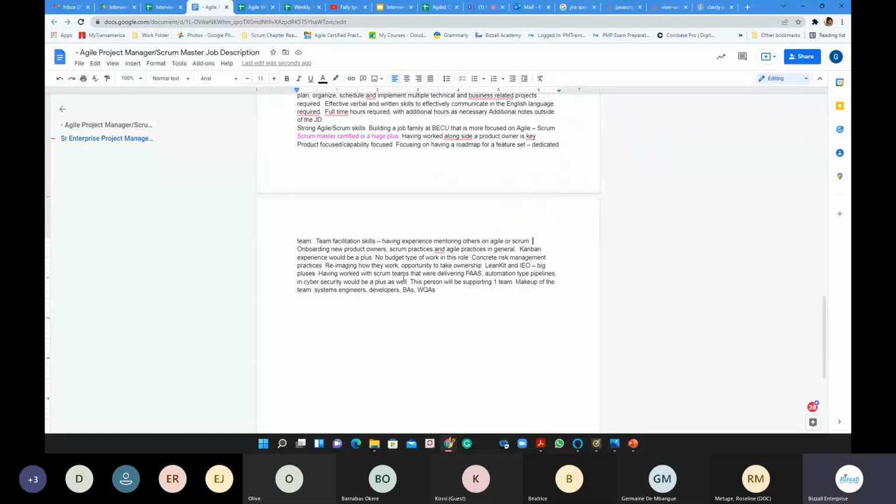Having worked with Scrum teams that were delivering platform as a service, okay? Platform as a service. You have things like platform as a service, infrastructure as a service, software as a service.